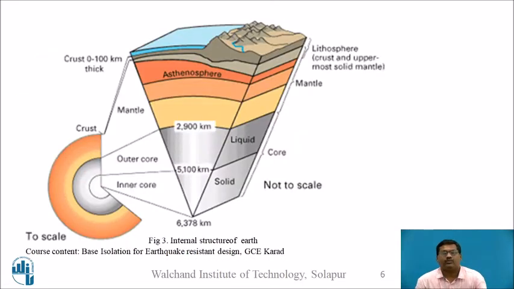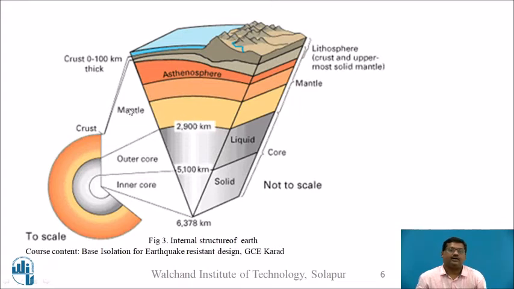One more diagram, which we can call an isometric view of internal structure of Earth. So oceanic crust, continental crust, both are shown here, and the thickness is also shown, and lithosphere, asthenosphere, their dimensions or the thickness of the layers are also given.